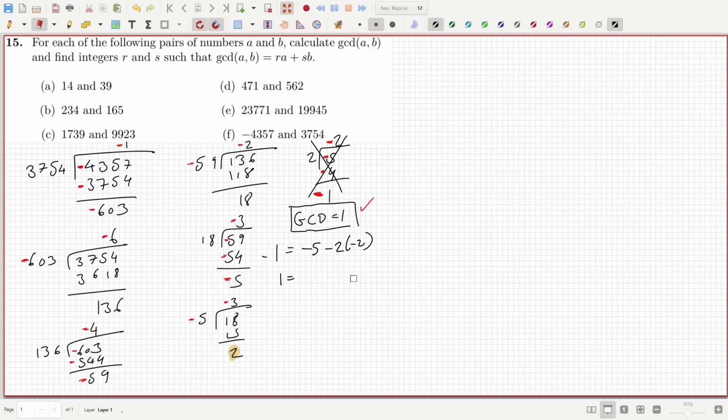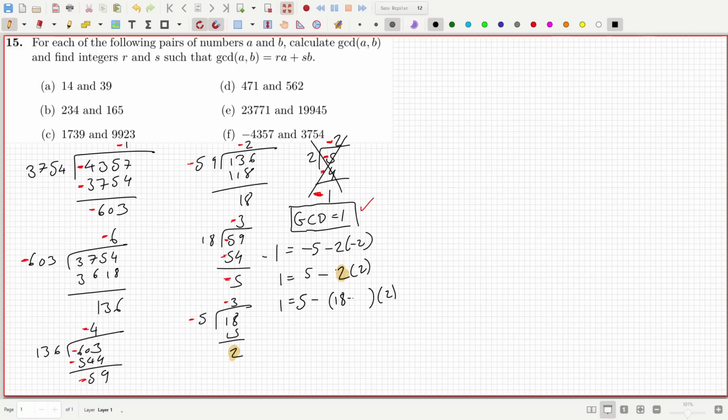Forgot to flip the signs. That would be a -2 times 2. And it's this 2 that I'm replacing technically. So maybe I'll just replace that one. 1 equals 5 minus, and then that 2 will be 18 minus 5 times -3.